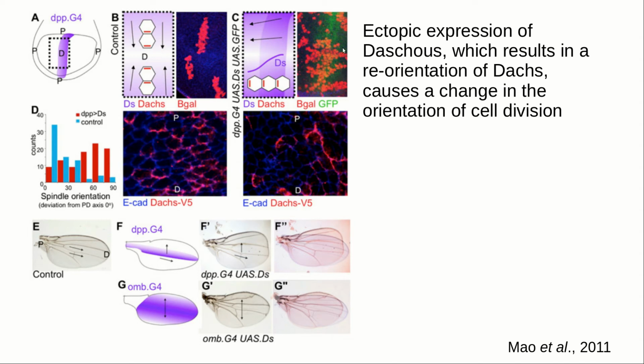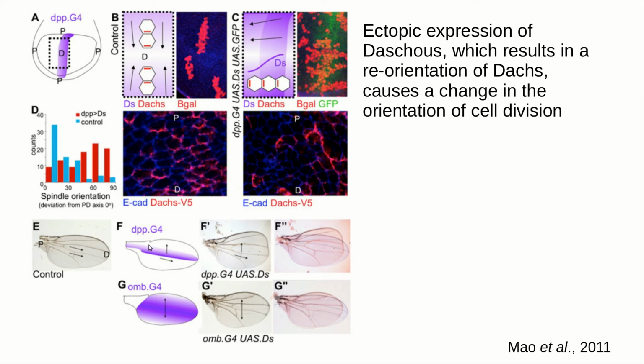Okay, so here clones are horizontal rather than vertical, and here you can see how this is a measurement of the spindle orientation. You can see how it's shifted in the red bars. It's shifted 90 degrees to the original division.